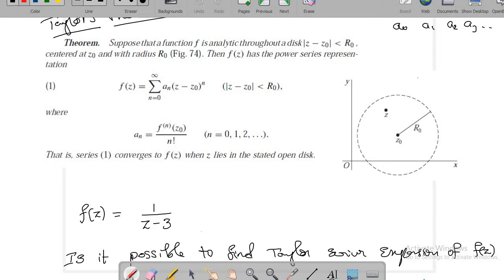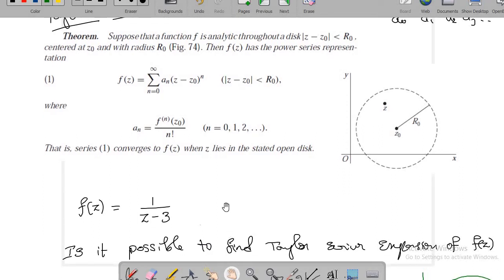Suppose this z prime is a singular point, and let us assume it is the nearest singularity from z0. Then the radius of convergence of the obtained power series is going to be this distance. So without writing power series expansions, we can conclude the radius of convergence simply by looking at the distance between the center and the nearest singularity.